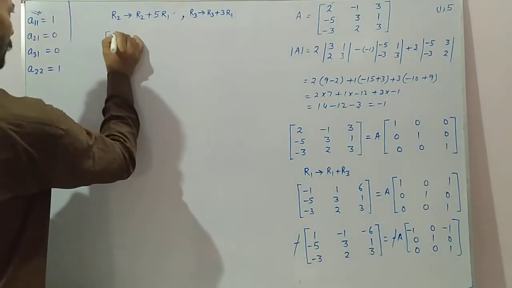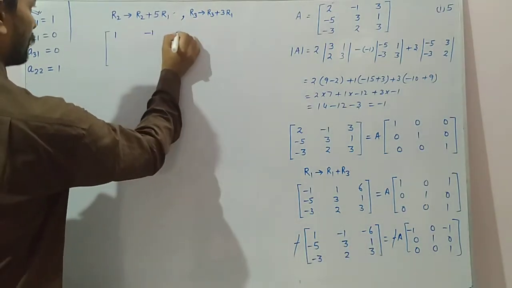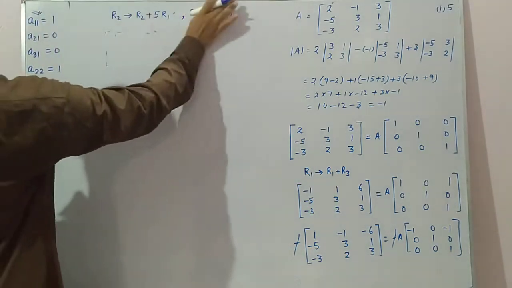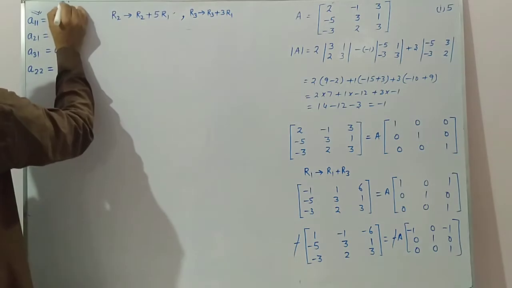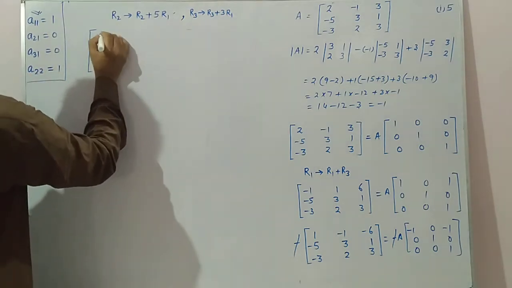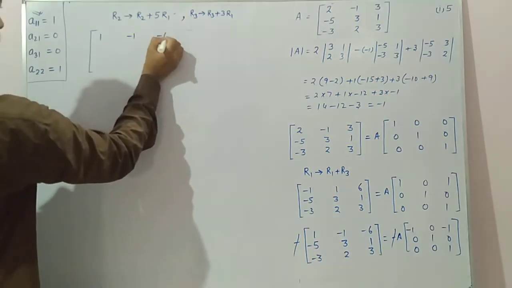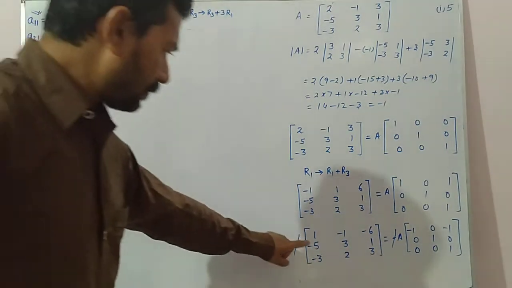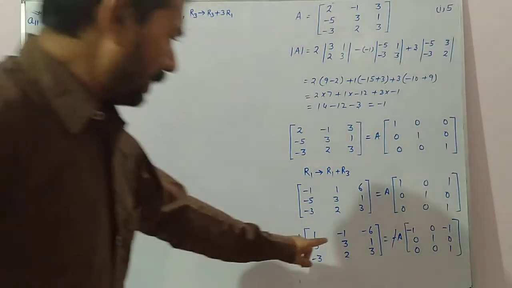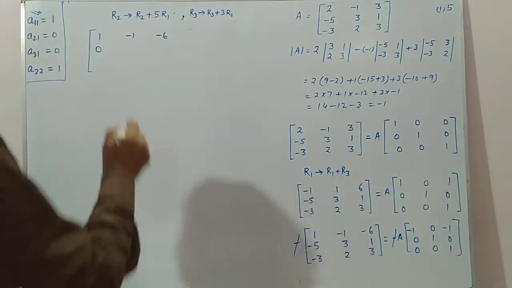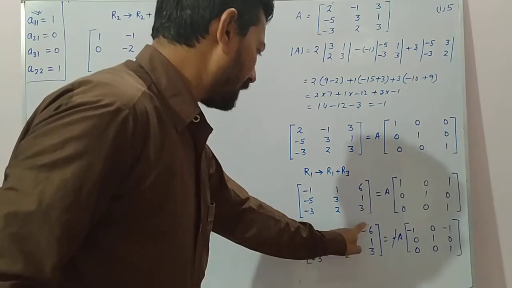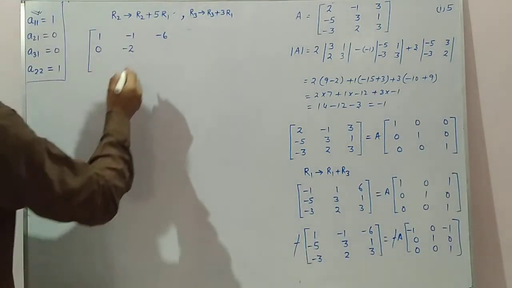So this is 1 minus 1 minus 6. One minus 1 minus 6. R2 plus 5R1, that will be 0, 3 minus 5 minus 2. Then 1 minus 1 plus 30, minus 29.